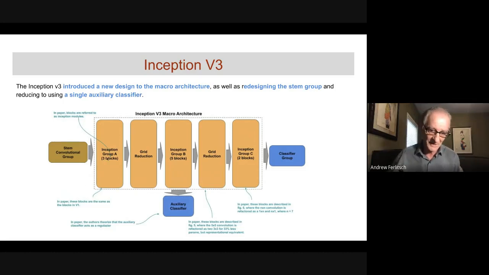So going through here, I'm increasing the number of feature maps, and then I reduce their size. I go here, I'm increasing the number of feature maps, I reduce their size, and then I go through the final group C. Then when we get into the classifier, we do that aggressive downsampling through global average pooling and then flatten it into a 1D vector before we go into the dense layer.